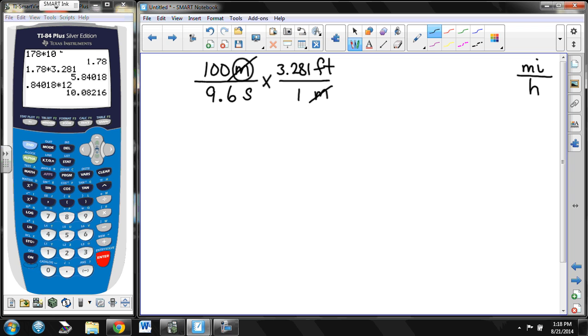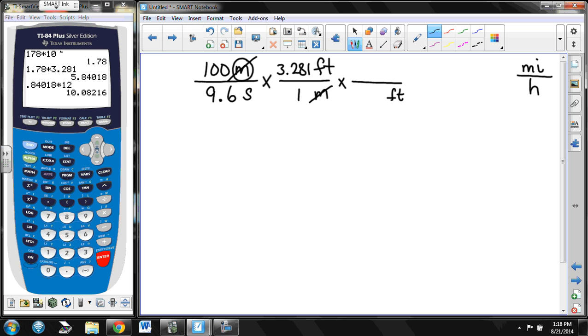But that still doesn't match miles per hour, does it? Now we have to figure out how to change feet into miles. You might know the conversion factor for how many feet are in a mile. You might actually have to go online and look it up. How are we going to arrange the units for our conversion multiplier? We want to get rid of feet. Since feet are on the top, to get rid of them, we're going to put feet on the bottom.